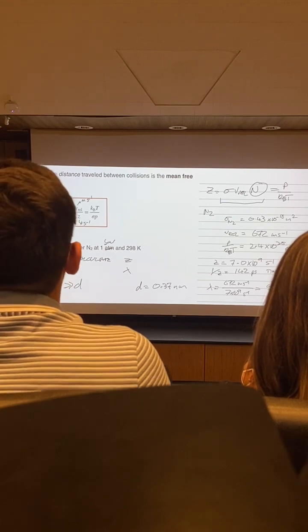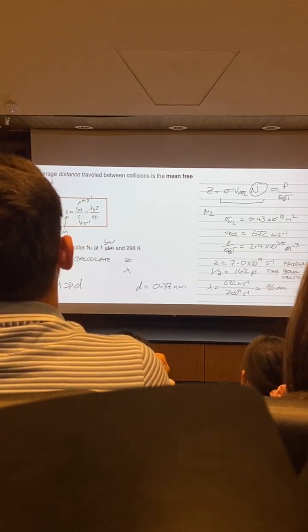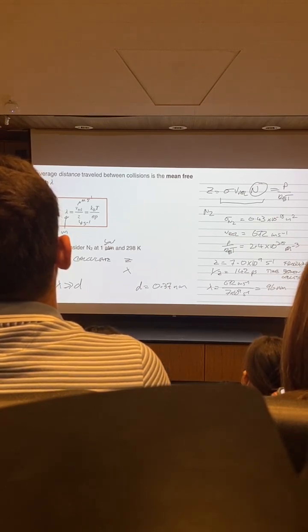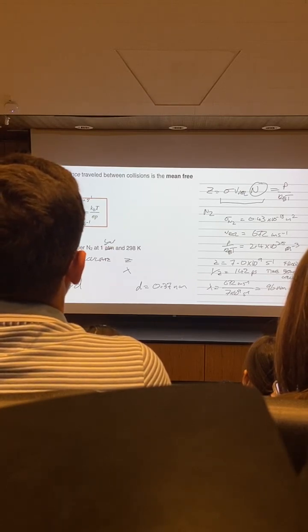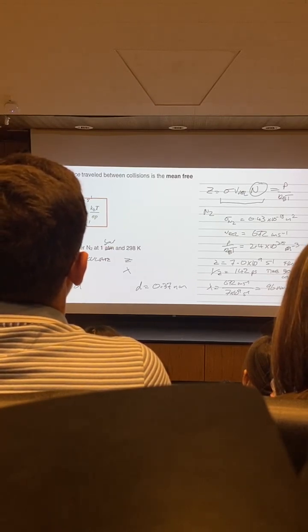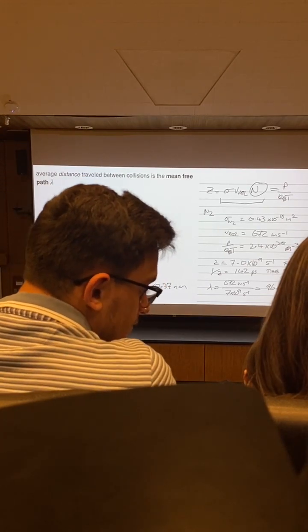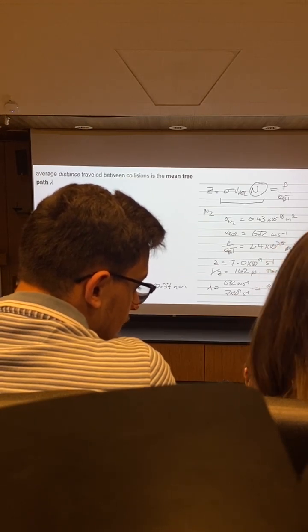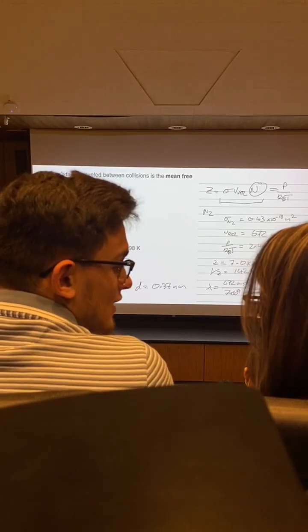If you run through the units and do the calculations, you can write out what a Pascal is, the SI unit of pressure. kT is basically energy, joules per Kelvin multiplied by Kelvin. So you can write out what a joule is in SI units as well, and all of the masses and all of the distances will cancel out in the appropriate way to give you meters to the minus 3. We're running through that just to make sure that you check that those units do cancel out in the right way.